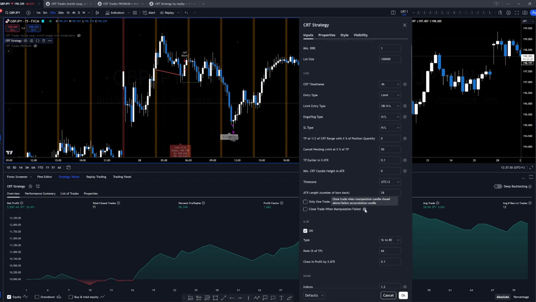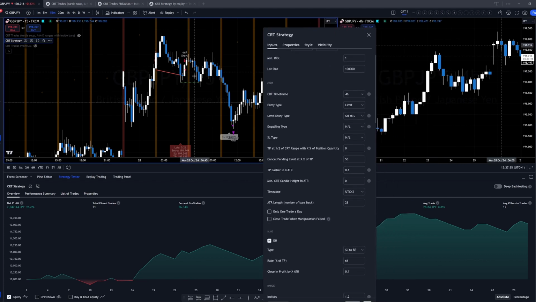It means basically, on the higher time frame, as you know, these are more experienced entries, and you are entering right before the engulfing. You are not waiting for the close of the second manipulation candle. So for example, here you have range accumulation, you have manipulation, and here this is the second candle.